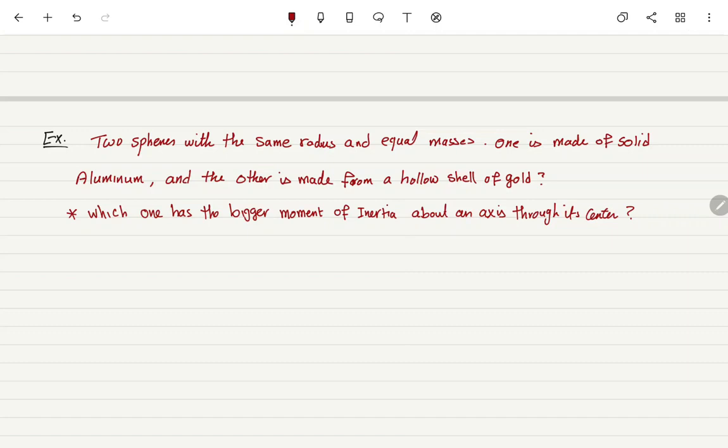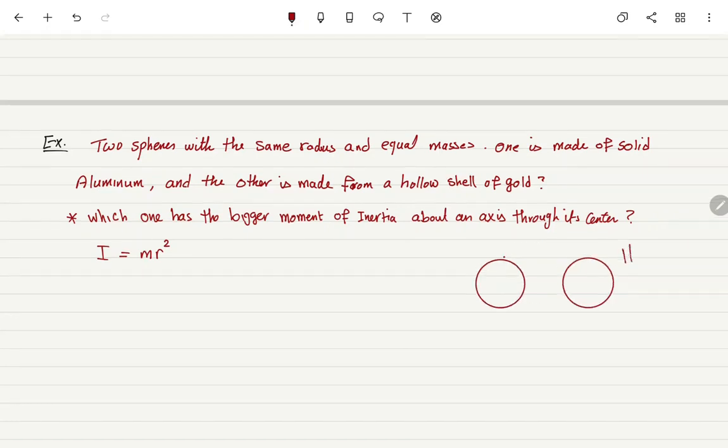Now to answer this, remember, moment of inertia is equal to m r squared. So it depends on the mass of the object and the distance from the axis squared. Both spheres have the same mass, but one of them is hollow, which means all the mass is concentrated on the outer shell.